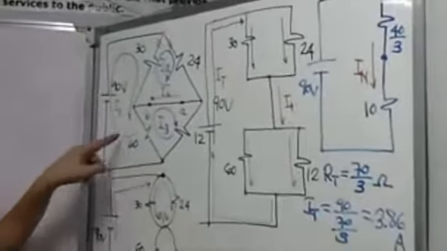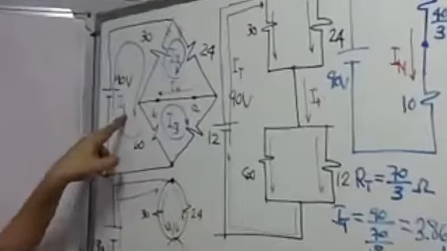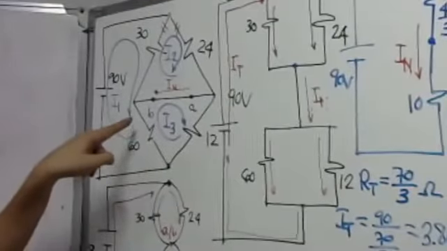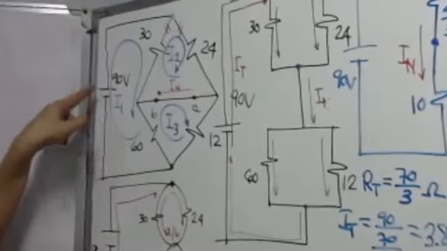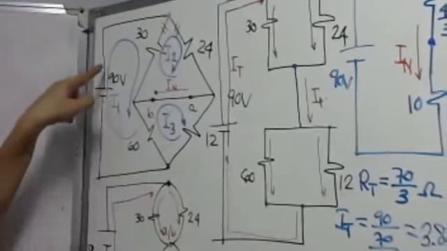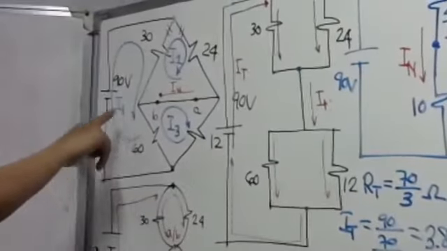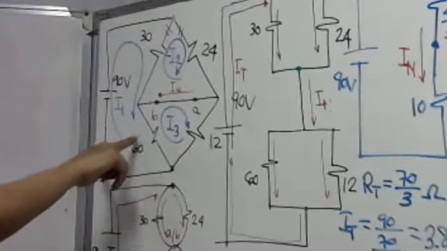At loop 1, our circulating current I1 leaves on the negative terminal of 90 volts. Therefore, that is positive, it leaves on the positive terminal of 90 volts here.